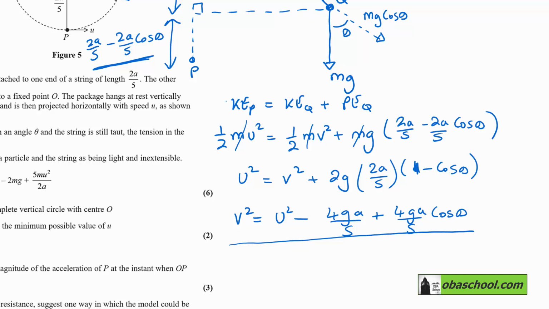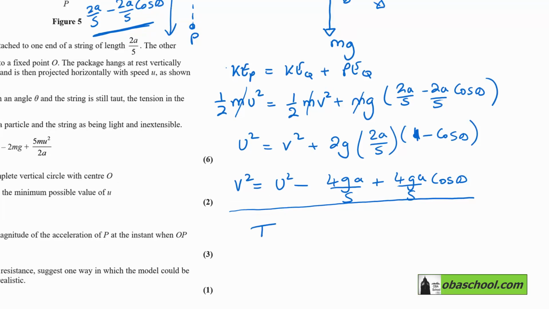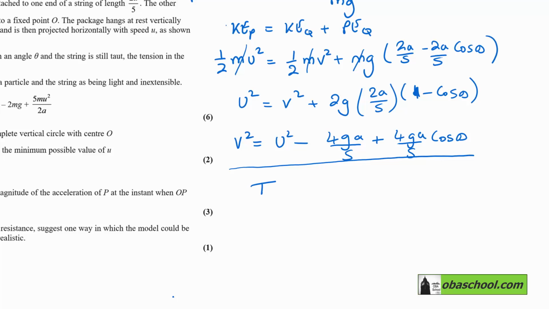What we can do now is consider the tension. The tension, which we can see on our diagram just here, take away mg cos theta, is going to be equal to mv squared over r.